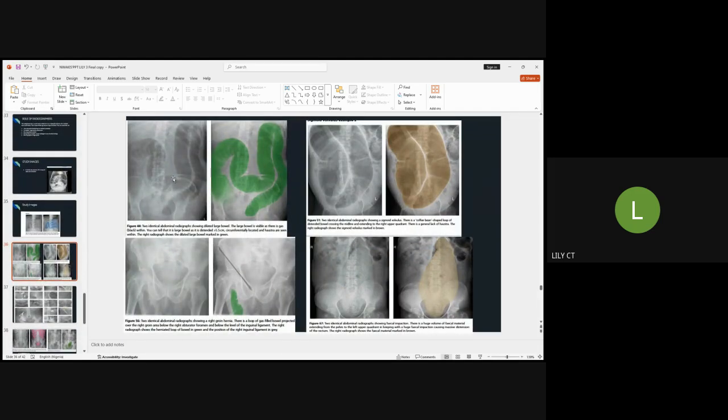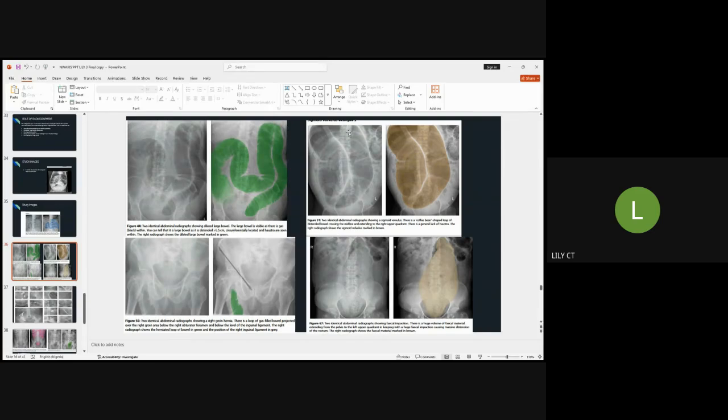And we also have here where we can see the large bowel loop. You can see from the ascending colon to the transverse to the descending colon is dilated, and there is gas within it. You can also see the haustral markings, and we can see that it's peripherally located, confirming that it's a large bowel. Here we see the coffee bean sign, that is a sign of sigmoid volvulus.